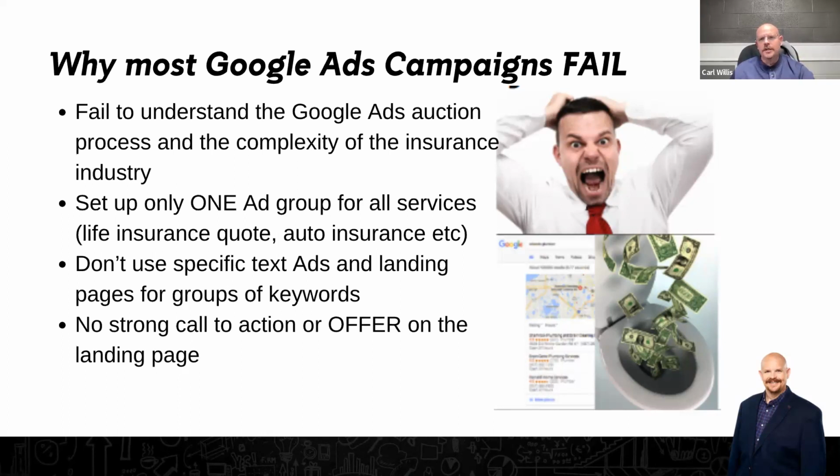The second thing is they only set up one ad group for all services. So they set up their campaign, they call it insurance, and then they're going after every conceivable term for insurance in that one campaign under one ad group without breaking up into ad groups. Another common mistake we see is that they're not using specific text ads and landing pages for groups of keywords.